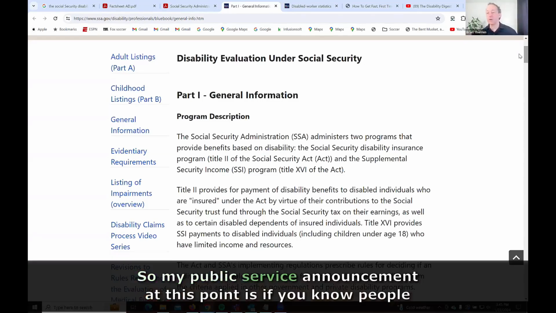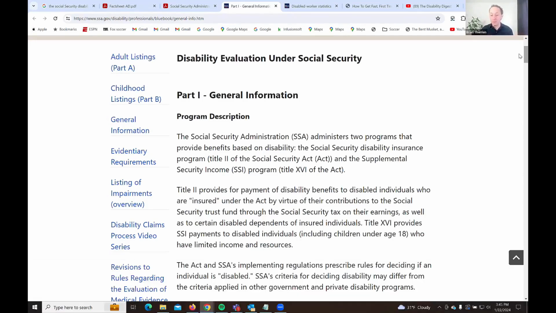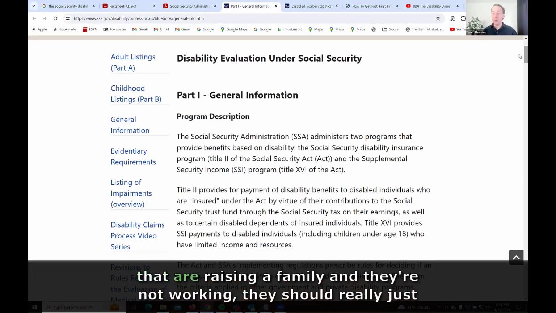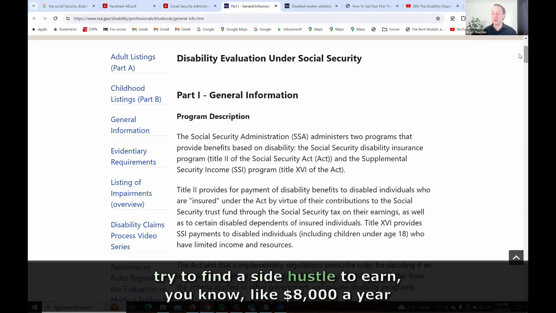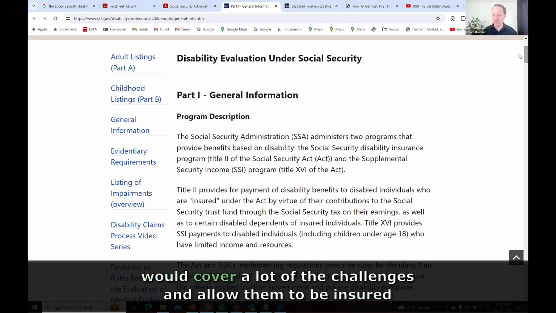So my public service announcement at this point is, if you know people that are raising a family and they're not working, they should really just try to find a side hustle to earn, like, $8,000 a year. That would cover a lot of the challenges and allow them to be insured for Social Security rather than SSI.